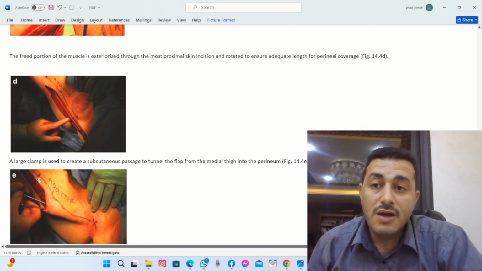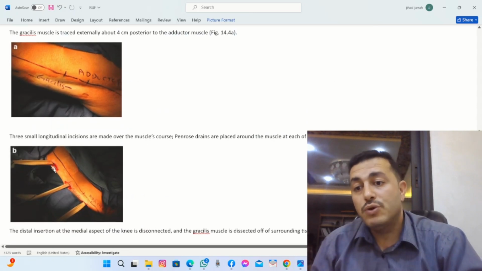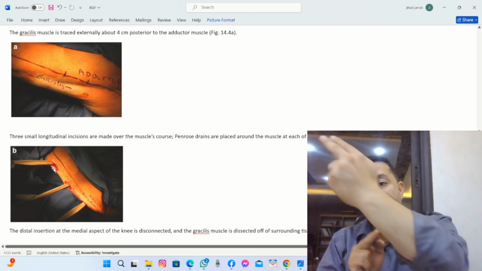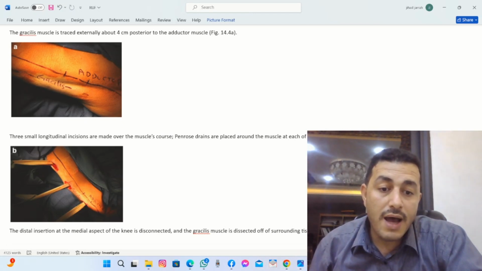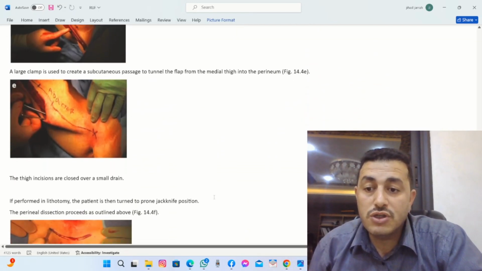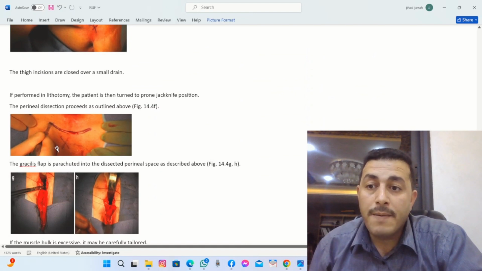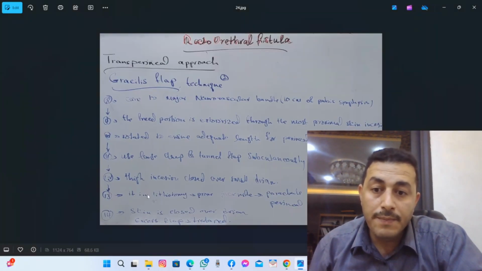What is needed is that through the proximal incision, let's suppose that this is the proximal incision, we put a large clamp until we reach the perineal region, and we close this incision over a drain. Then we move to the perineal incision.